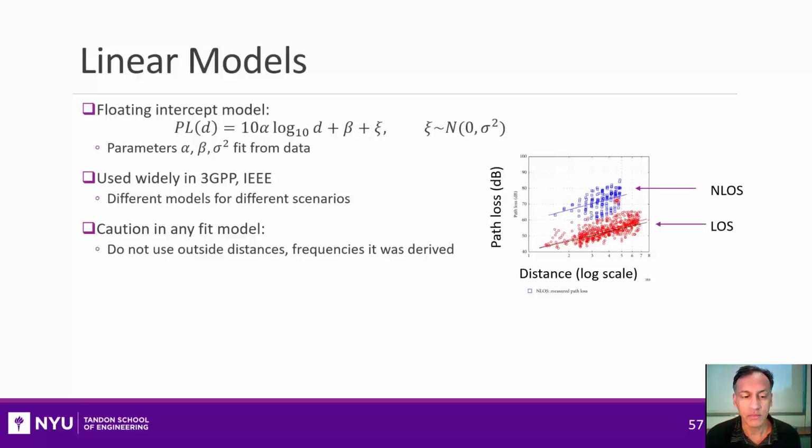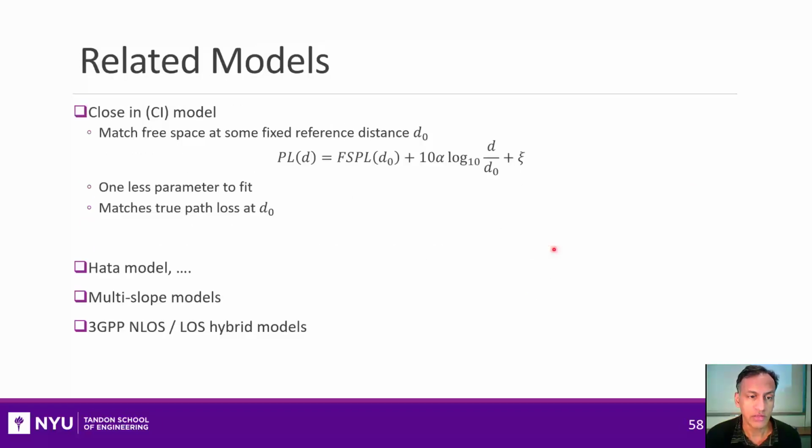Now, one caution about using any type of model that's fit from data is that you really want to make sure you're using that in the regime where the model was fit, because typically they often give you absurd values if you take it out of those regimes. There are lots of variants of these types of models. One variant is called the close-in model.